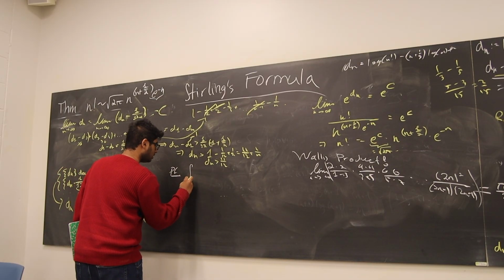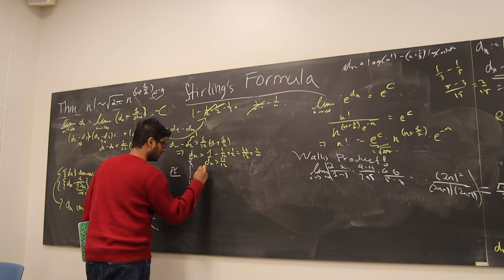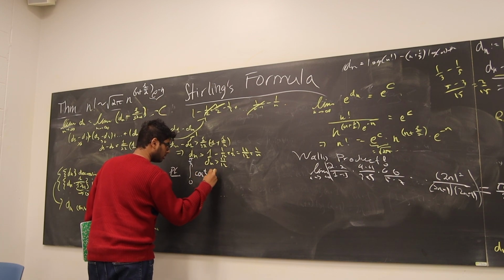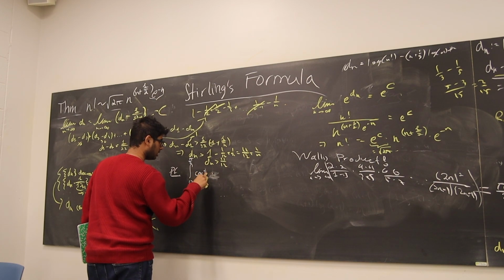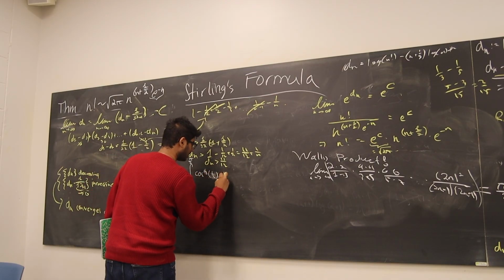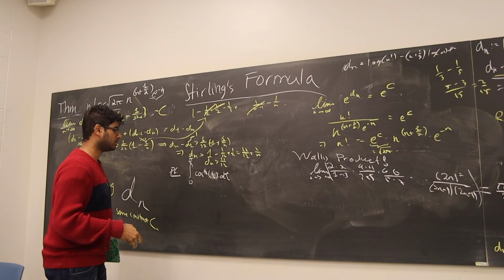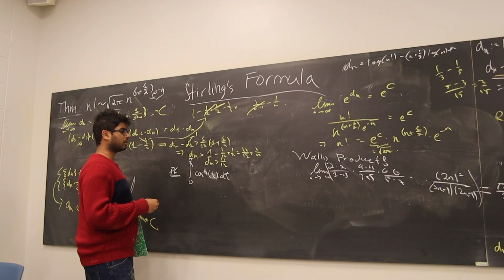So we take the integral from 0 to pi over 2 of cosine t to the nth power dt. These bounds are actually very specific, because it's really nice.